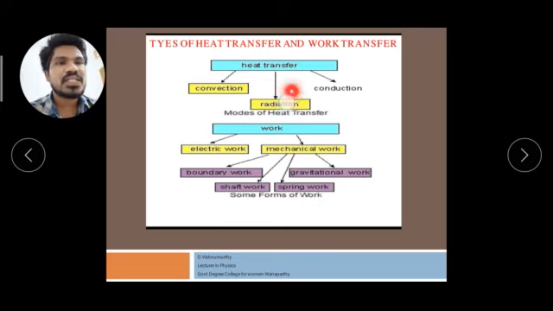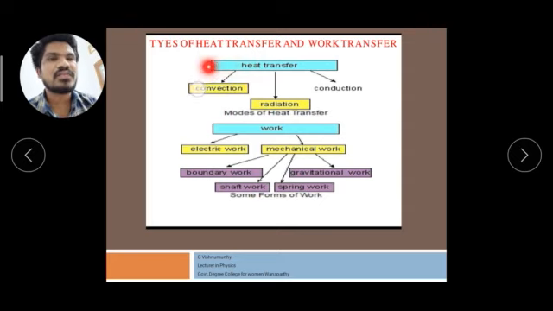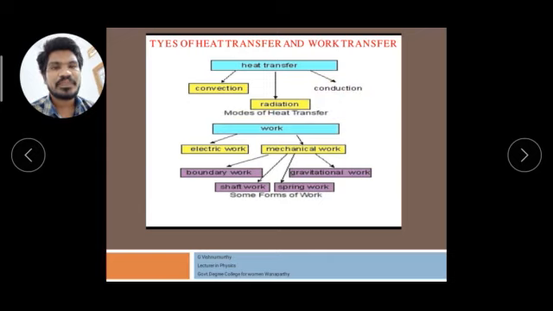The radiation process is entirely different from conduction and convection, because in the radiation process the two systems do not have physical contact with each other, but in the case of convection and conduction the two bodies must have physical contact.